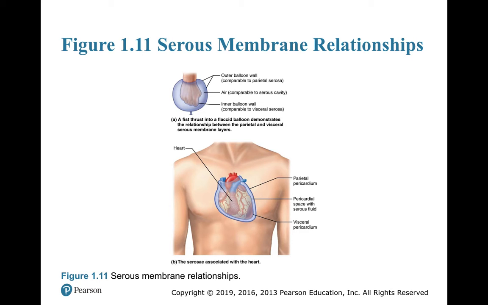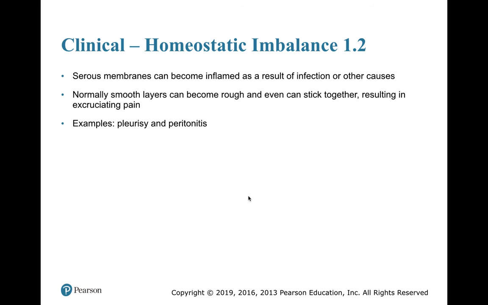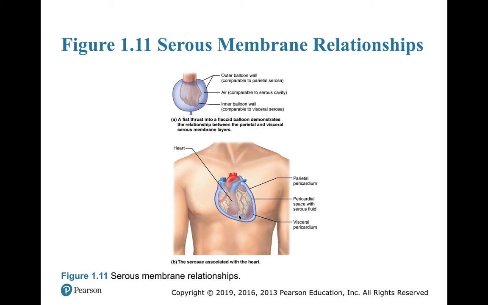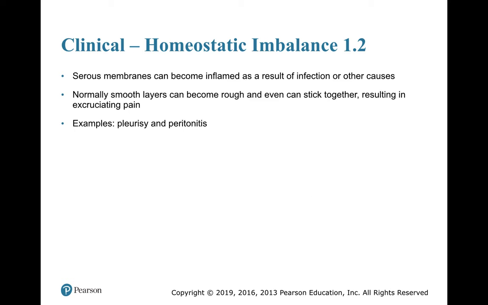The balloon against your hand would be the visceral serosa. So in the heart, we've got a visceral pericardium, a fluid-filled space, and a parietal pericardium. So our heart is beating, and it's lubricated by that fluid.